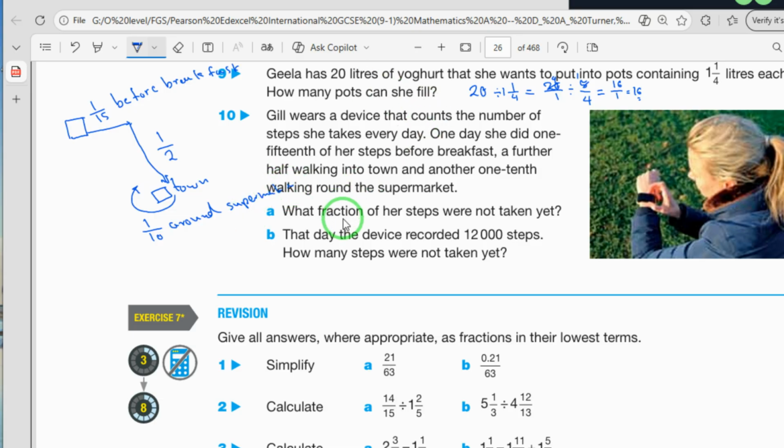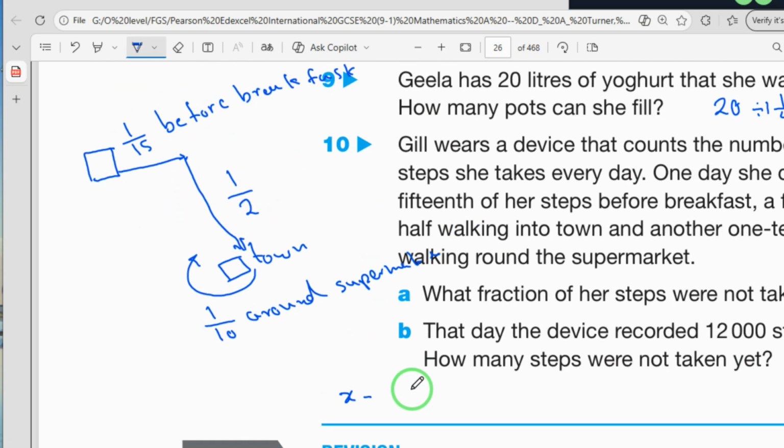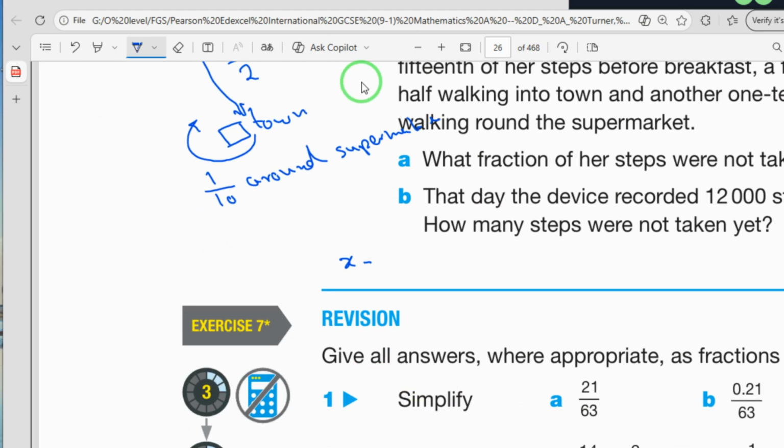So, what fraction of her steps were not taken yet? Here we calculate, the total is x, for example. 1/15 before breakfast. Here we have x minus 1/15 x. This part has been done before breakfast, minus half.